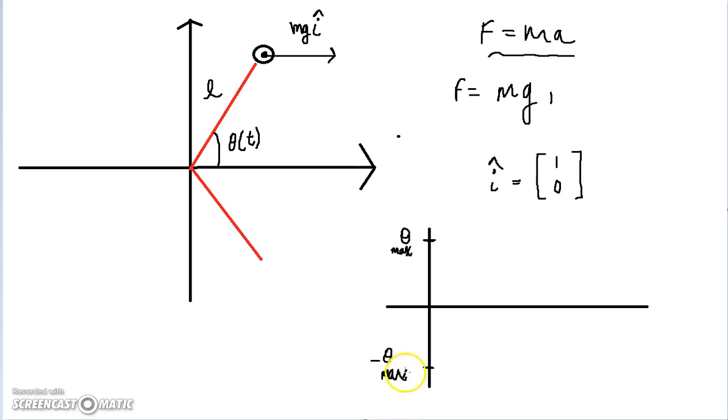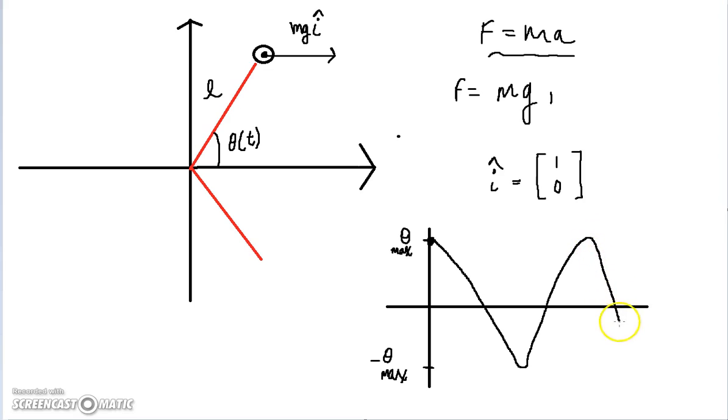Hopefully you should know that an angle created when we rotate a ray in the anti-clockwise direction is a positive angle, and an angle created when we rotate a ray in the clockwise direction is a negative angle. So we want this theta of t function to take on this value at t equals 0, then go to negative theta max, and then we want the pendulum to swing back, so the function goes back to theta max.